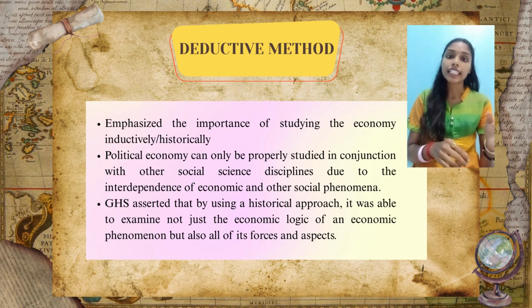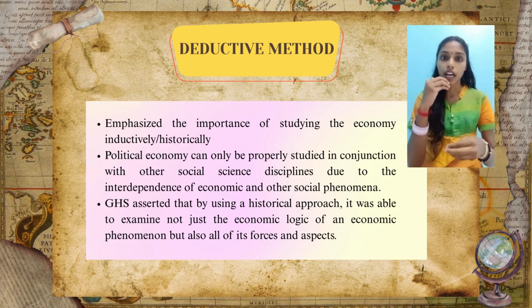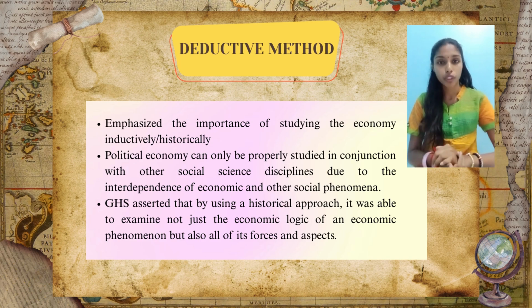Meanwhile, the historical school emphasized the importance of studying the economy inductively or historically. Political economy can only be properly studied in conjunction with the other social sciences and disciplines, due to the interdependence of economic and other social phenomena.